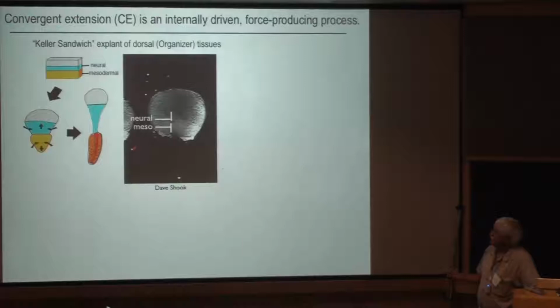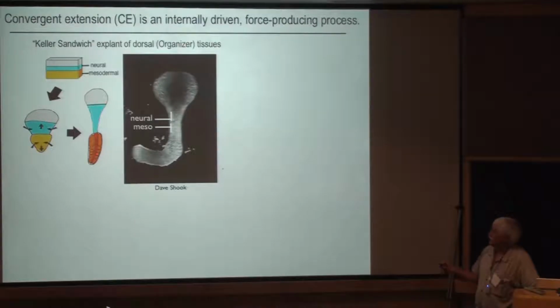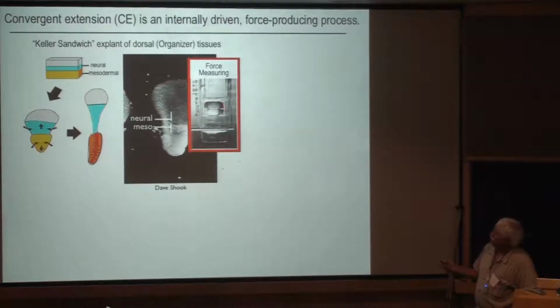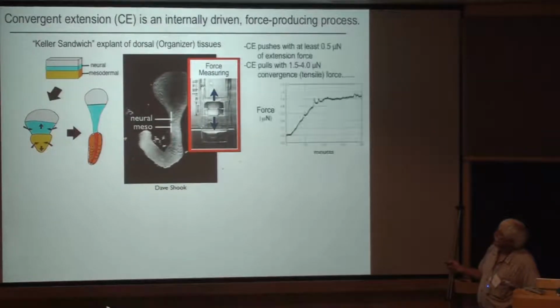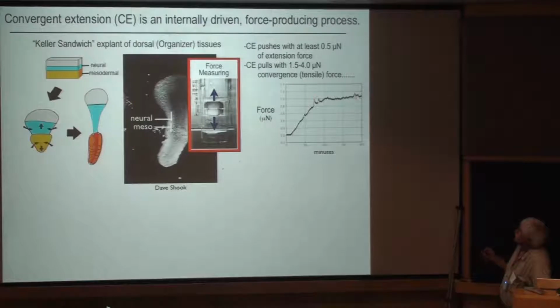If you take that dorsal lip out and culture it as an explant, it will do this in culture on agarose. So all the force necessary to do this is generated by the cells crawling on one another inside this piece of tissue. Back at Berkeley, we put this thing in something called a histowiggler, where it had to push against an anvil, a force measuring machine designed by Steve Moore, who worked with Mimi Cole and me.